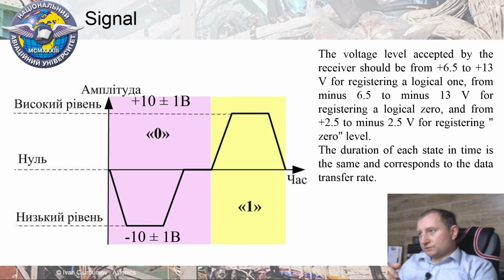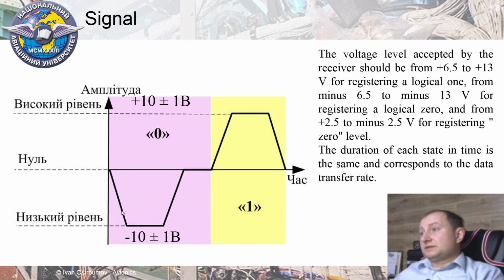At signal level, logical zero is coded by a pulse of negative amplitude, and logical true or 1 is coded as a positive pulse. The transmitter uses amplitudes for low level and high level of minus 10 volts and plus 10 volts.